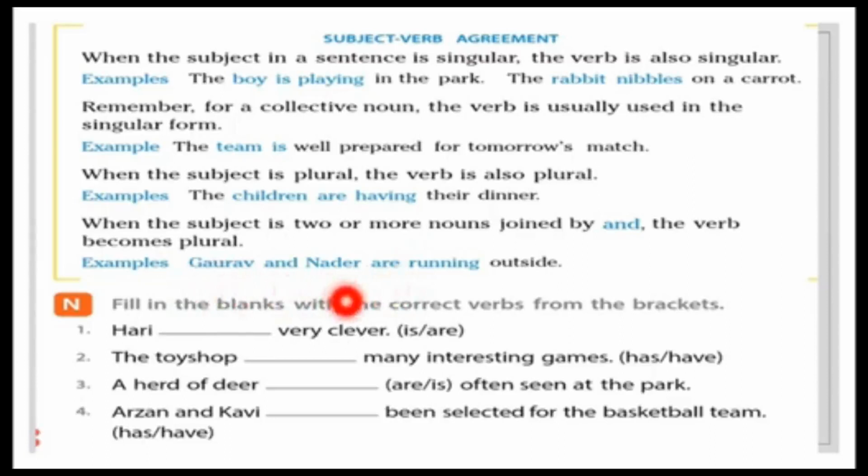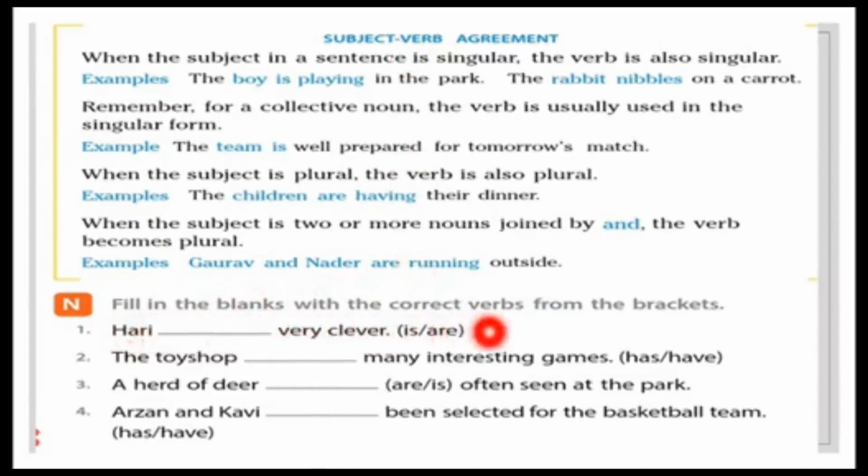Gaurav and Nadir are two different people. So, the subject is plural, and we have to use a plural verb. The plural verb is are. Are, then running outside. Now, let's see the exercises based on only these four rules.